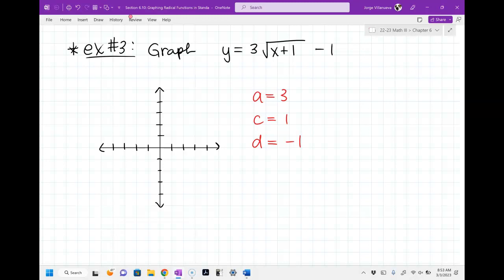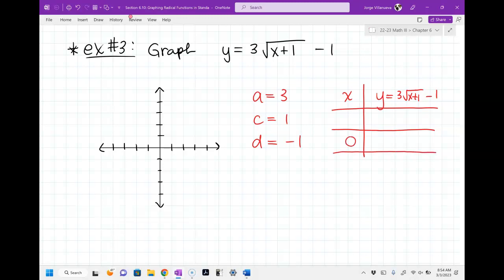But let's kind of make our table here. So that would be 3 square root of x plus 1 minus 1. All right. So what number should I start with? If I plug in a 0, what's inside of my square root? A 1. Now check this out. I'm going to actually put my 0 here, okay?